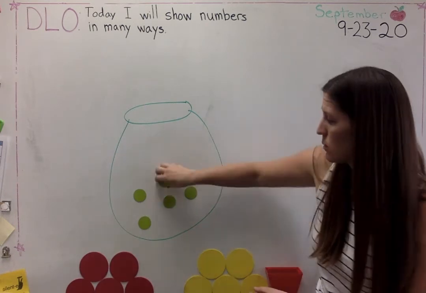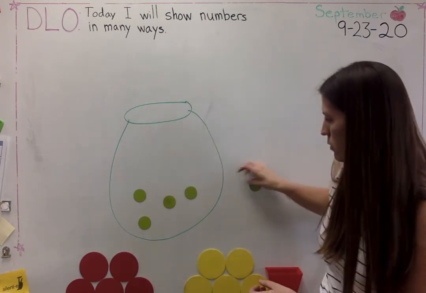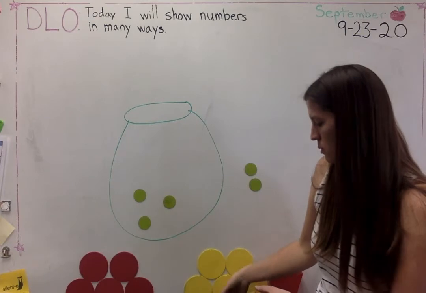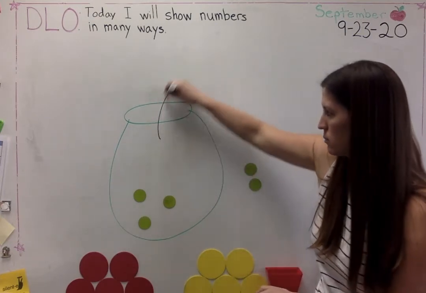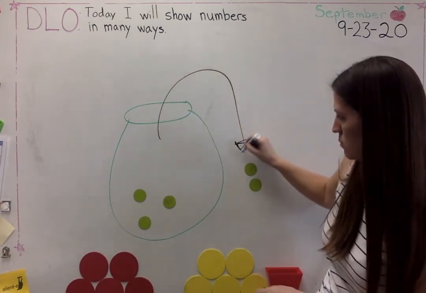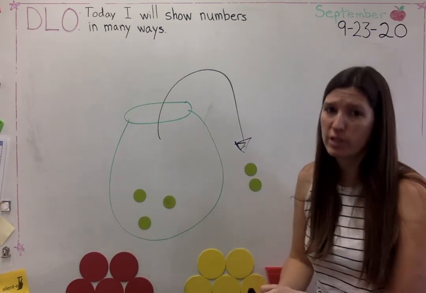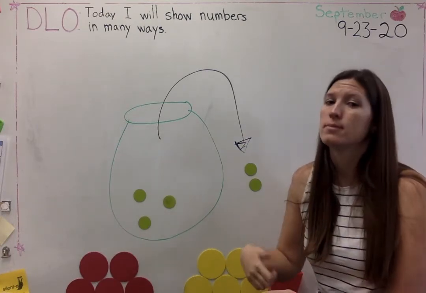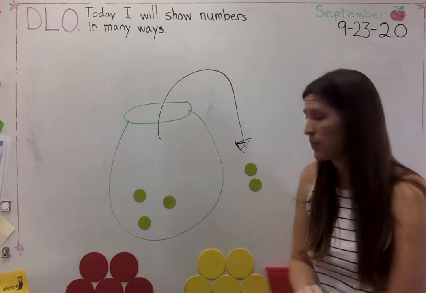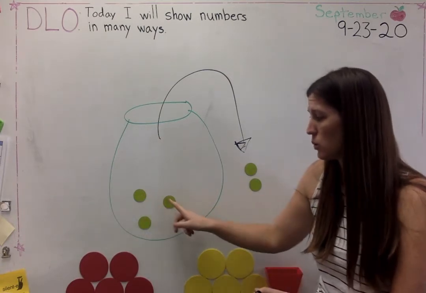I took 2 out. How many jelly beans are left in the jar? In the jar. How many are in the jar now? Let's count. 1, 2, 3.